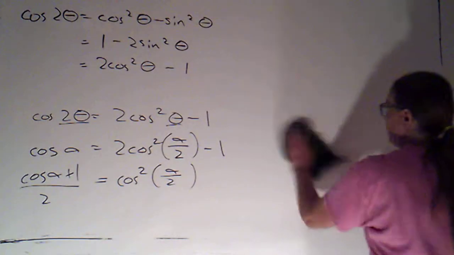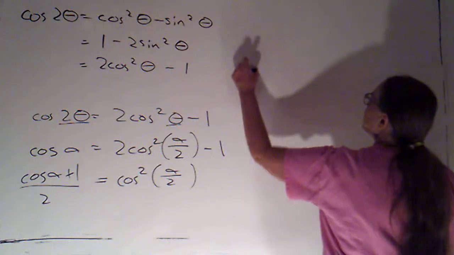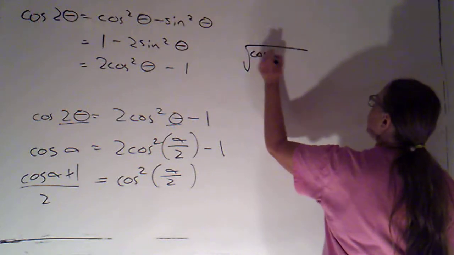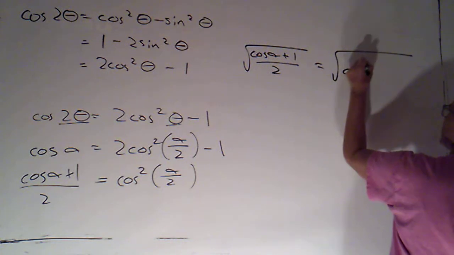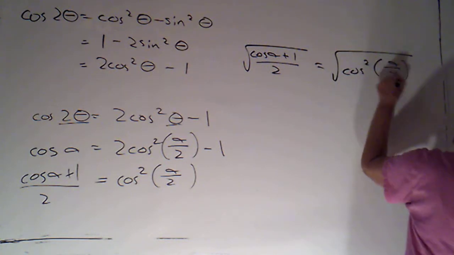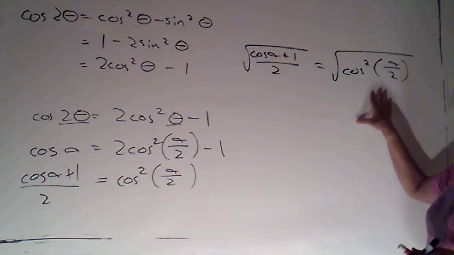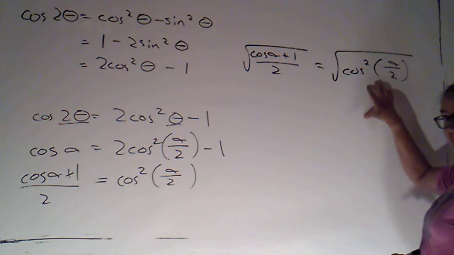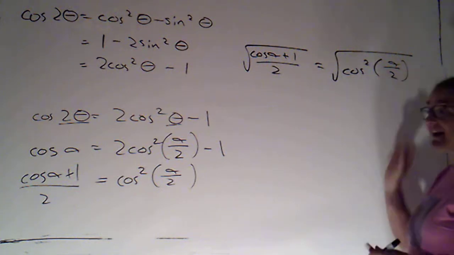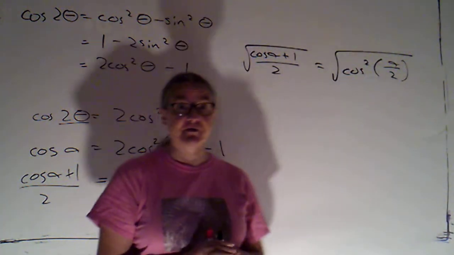So, I will have the square root of cosine alpha plus 1 over 2 is the square root of cosine squared alpha over 2. And I do need to be careful here, because while I can simplify this right-hand side, it does not simplify to cosine of alpha over 2.